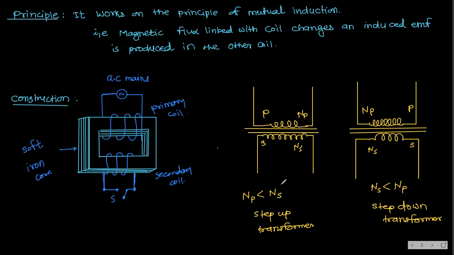Step up and step down transformer definitions we have already seen, but here in this primary coil the number of turns are less, in this the number of turns are more. If number of turns in secondary are more than the primary, then it is step up transformer. If number of turns in secondary coil are less than the primary, then it is called step down transformer.